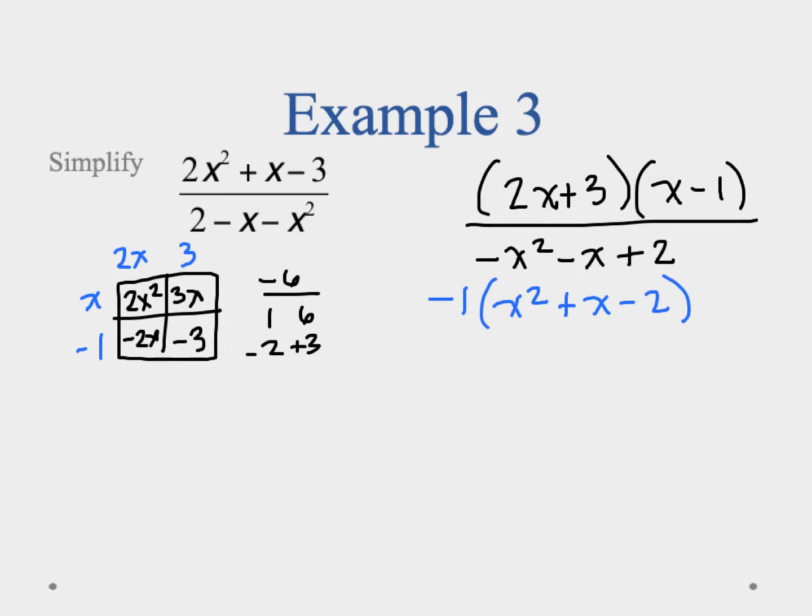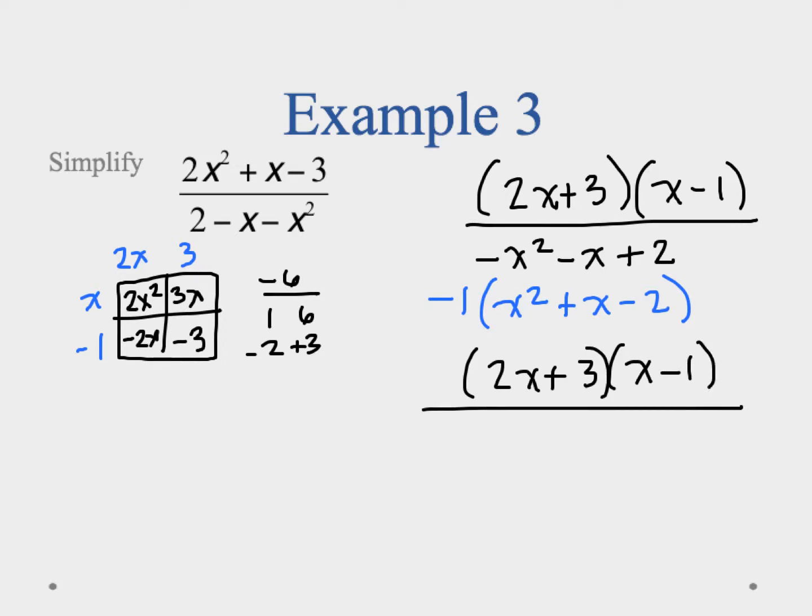All right, from there, it makes it really easy. I'm just going to rewrite 2x plus 3 times x minus 1, divided by, I have a negative 1 on the outside, and here, negative 2, that's going to give me an x plus 2 times x minus 1. Now, let's see, what can I cross out?